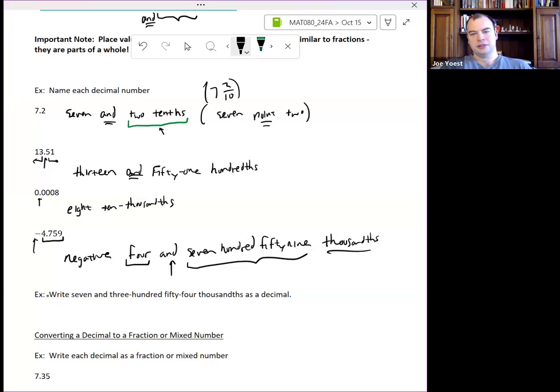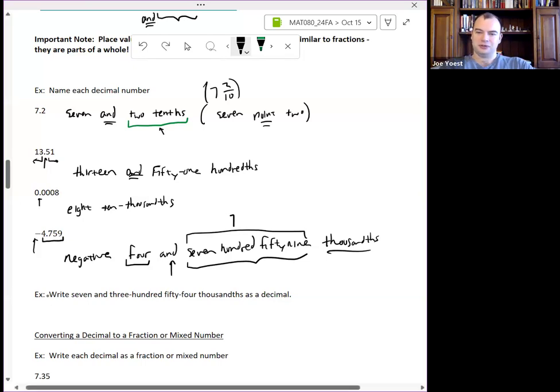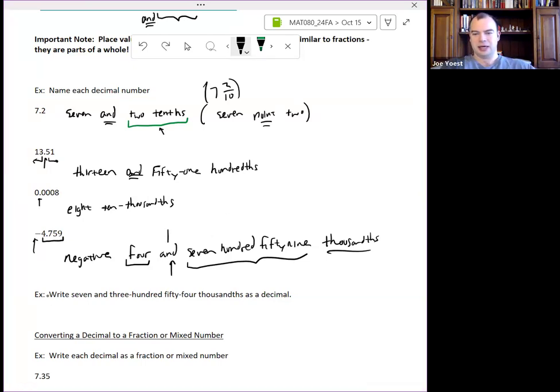One little minor note, back when we were talking about place names in the first place, we would pronounce something like this as 759, right? If we just had 759, we'd say that's 759. And we were kind of careful not to say "and." Well, now we kind of see why, because we've kind of like trademarked the word "and" to represent the decimal point. So if I said negative 4 and 759 thousandths, it's not exactly clear where the decimal point is, right?